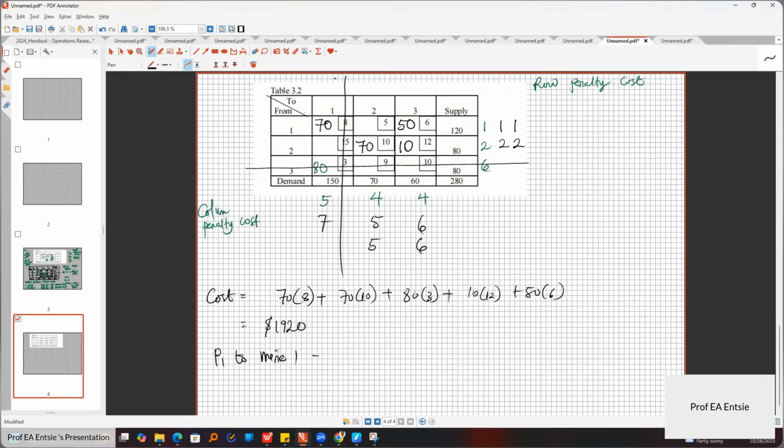That's from plant 1 to mine 1. Then from plant 1 to mine 3 is 50 tons. Then from plant 3 to mine 1.